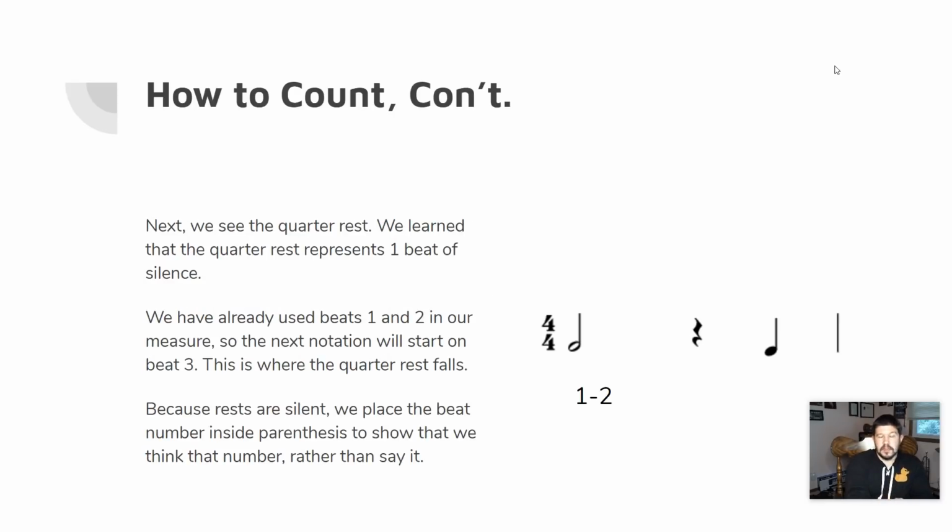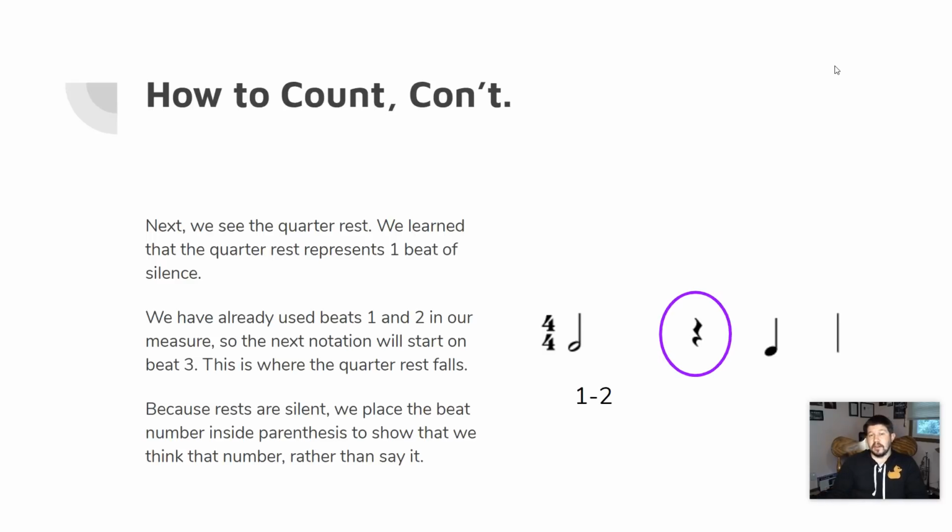The quarter rest there, we already know that the quarter rest, highlighted in purple, is going to be a silent rhythm. It's going to tell us that there is space there, that we are not going to produce sound. So even though it is silent, it still gets a number of beats. It still gets one beat. This was something I saw a little bit last week in those review questions.